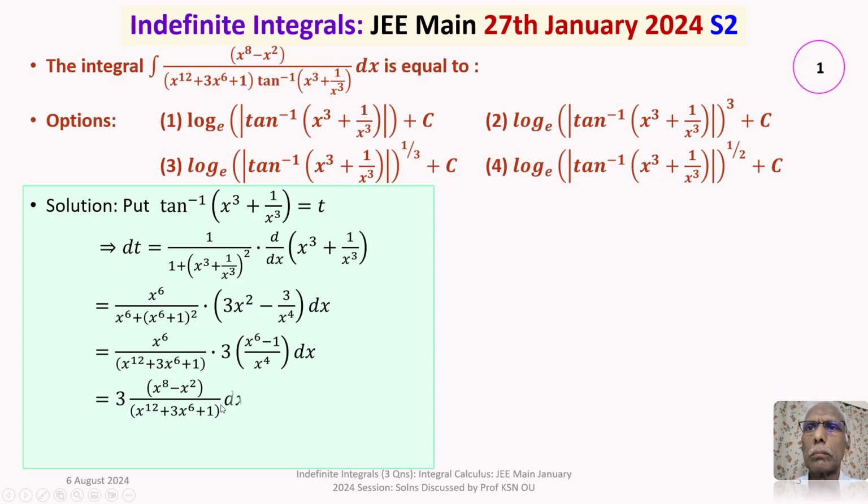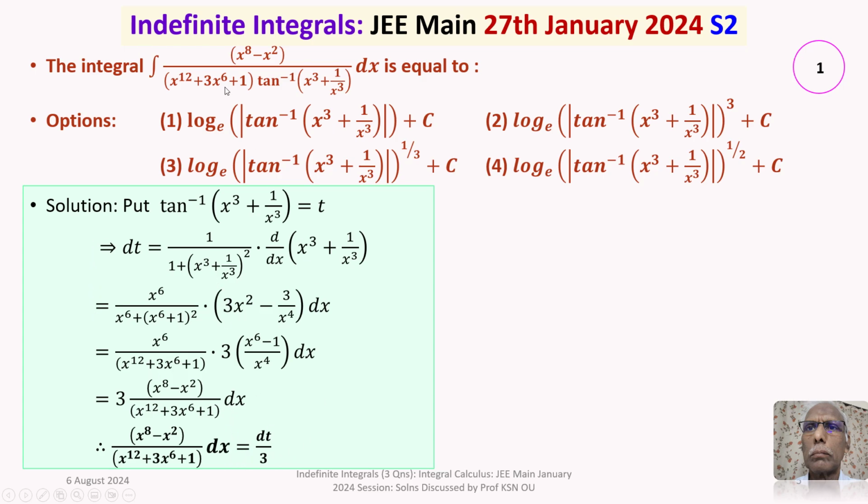So this is what we have obtained, and we see in the given integral, this portion is dt by 3. So we want x to the power of 8 minus x square by x to the power of 12 plus 3x to the power of 6 plus 1 with respect to x is dt by 3.